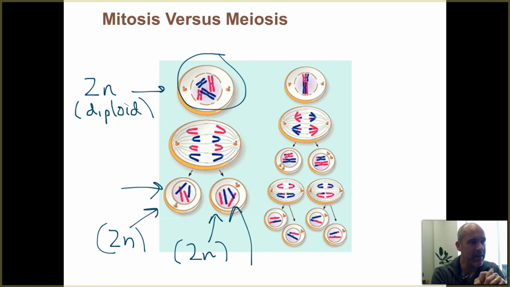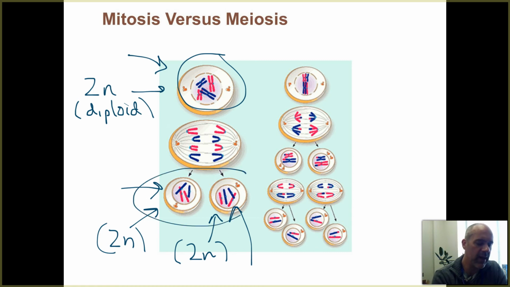But in reality, keep in mind, you have duplicated copies of each of those chromosomes. So if this is a human cell, you have 46 duplicated chromosomes, and when you get down here, after the cell divides, you have 46 single copies of those chromosomes.